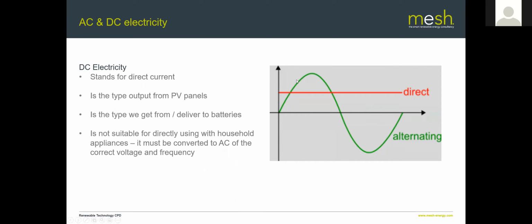So if we want to use mains appliances with them, we've got to convert that into AC. So there is a small penalty to pay for doing that. Obviously, like any machine, an inverter isn't 100% efficient, so we get a little bit of a loss when we're doing that. And later on in the presentation, we'll look at a couple of different AC and DC coupled systems and some of the advantages and disadvantages of them. Okay.